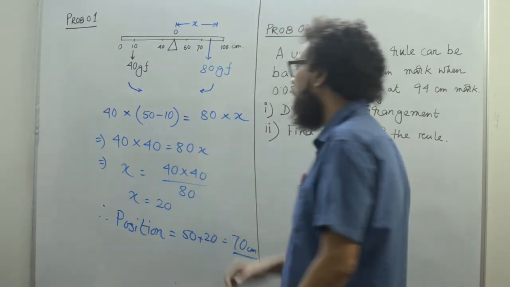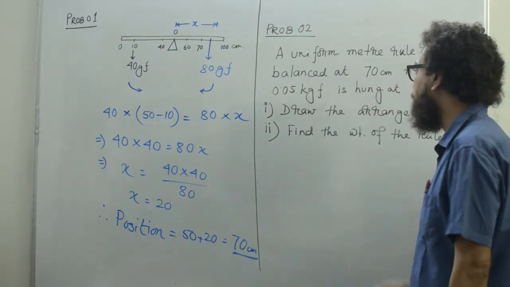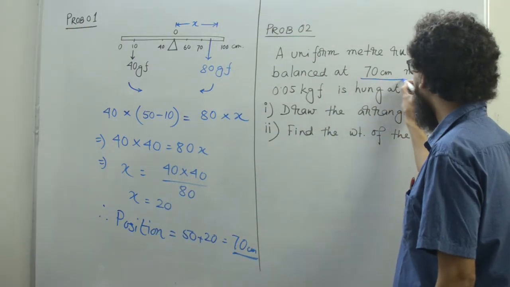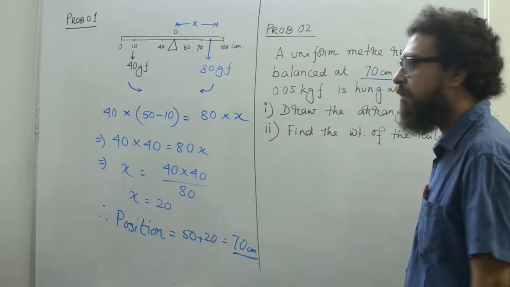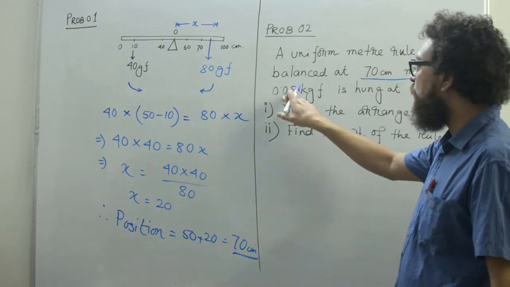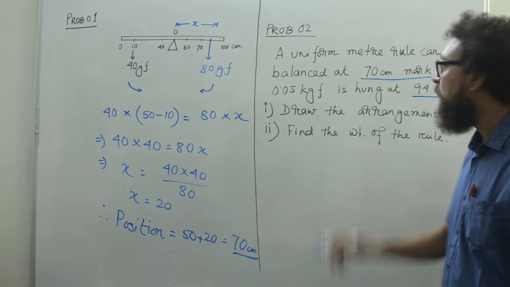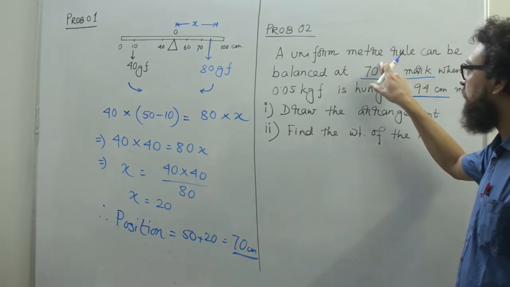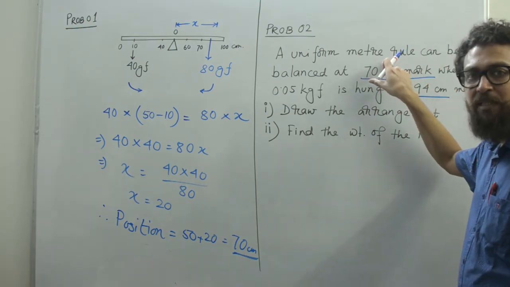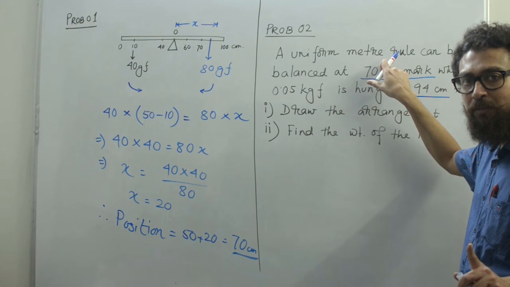So here the problem mentions that the rule is balanced at the 70 centimeter mark when 0.05 kgf is hung at the 94 centimeter mark. So it is balanced at 70 centimeter, which means the pivot is at 70 centimeter. Can you follow me? Sure?